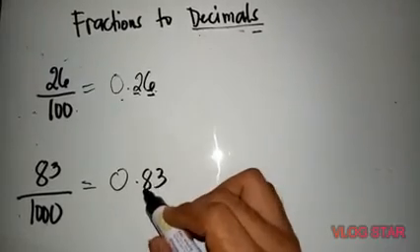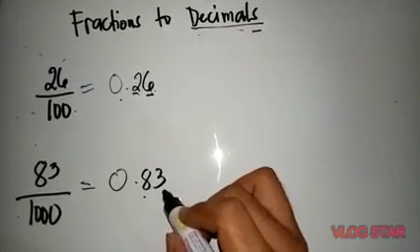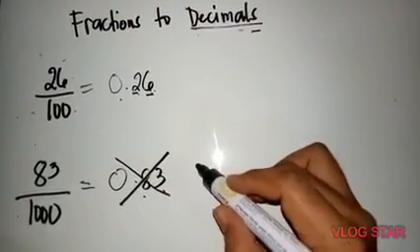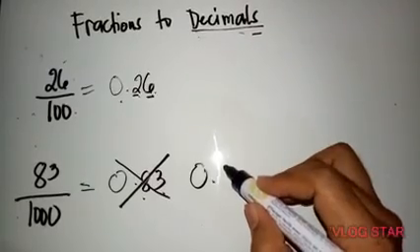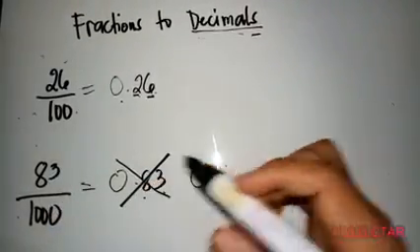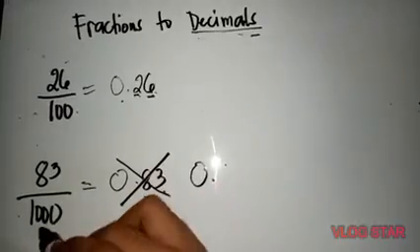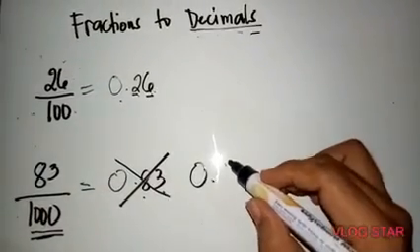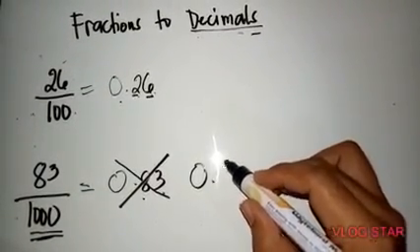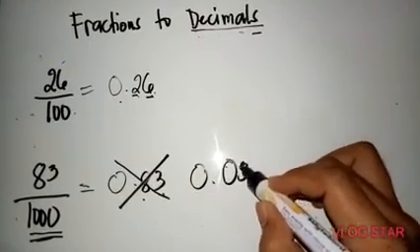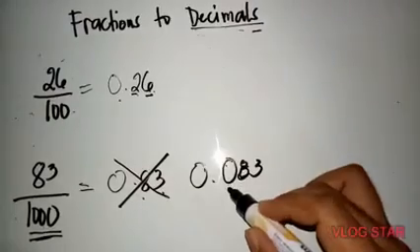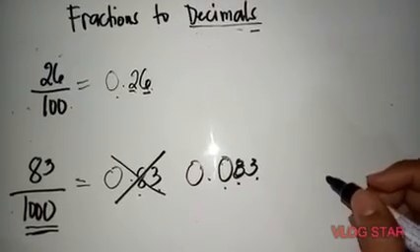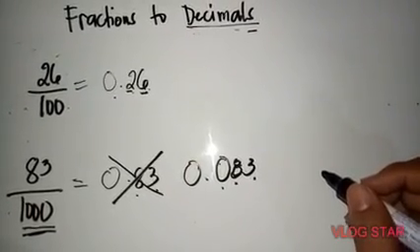If you read this one, this is 83 hundredths. So this one is wrong. Since we only have 2 digits and we have thousandths, the digits must be 3, so we add 0 before 83. Tenths, hundredths, thousandths. And we read this as 83 thousandths.